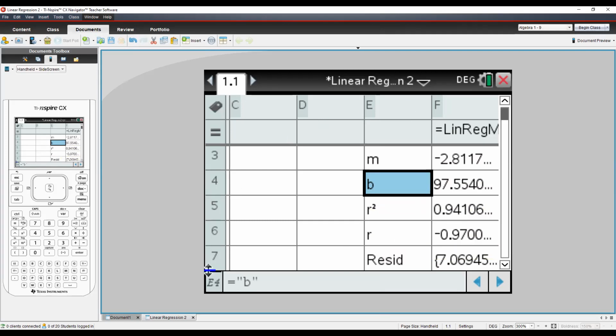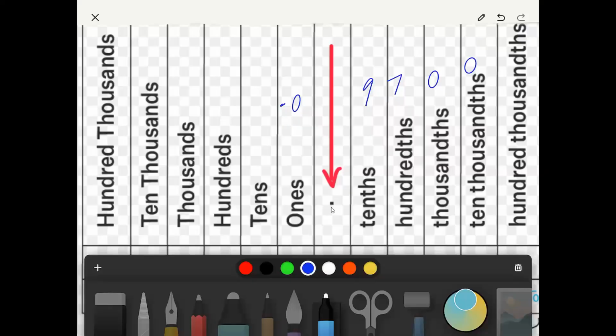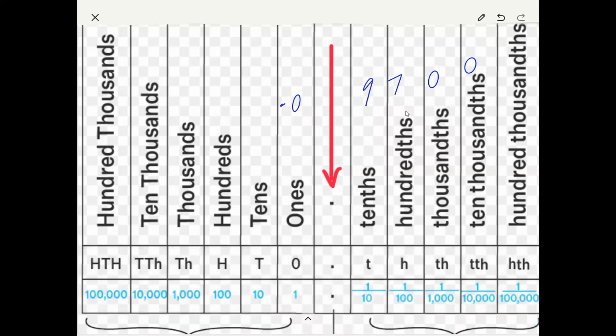So if I pull up the iPad, you can see the number is a negative 0.9700, and then there's more numbers over here. We don't care about those other numbers. We're rounding it to the nearest 100th place, which is right here. So we're looking at the 7. We go to the number to the right, and it's 0. So that means that that's less than 5.